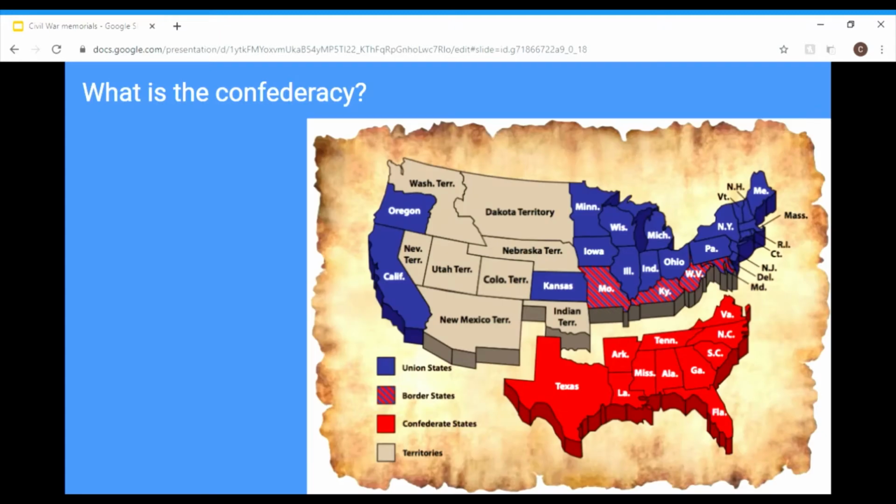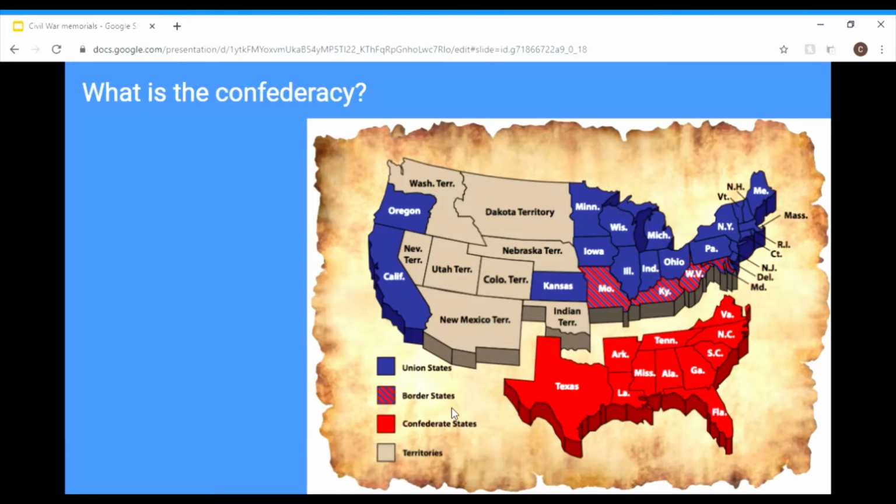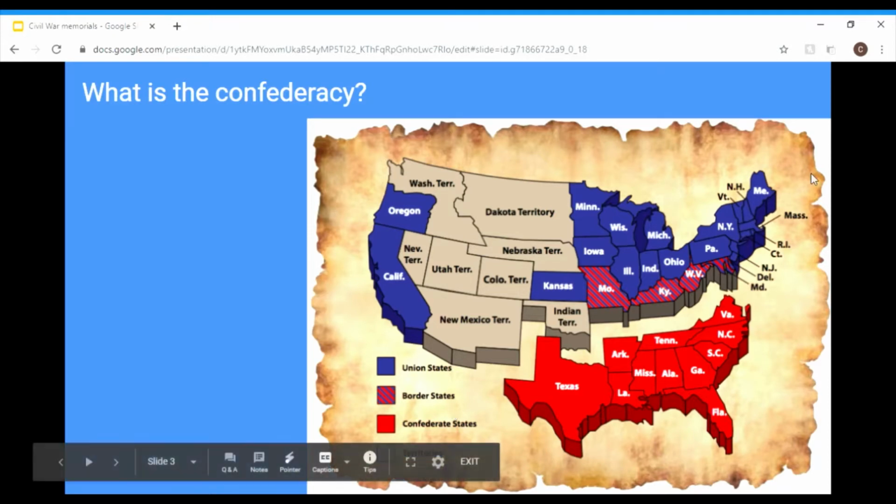During the Civil War, the Southern states who chose to leave the U.S. joined together in a political union called the Confederate States. So here on this map, you can see those southern states. During the Civil War, they were called the Confederate States as they joined together for the purpose of fighting against the North.